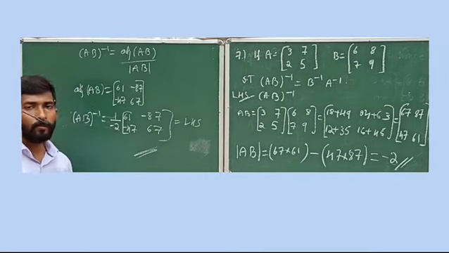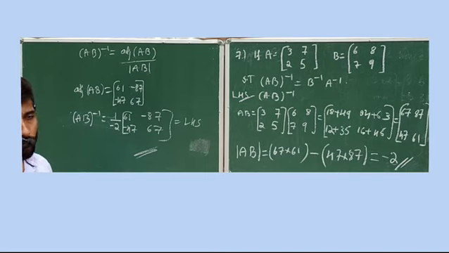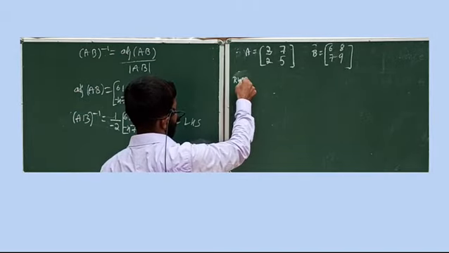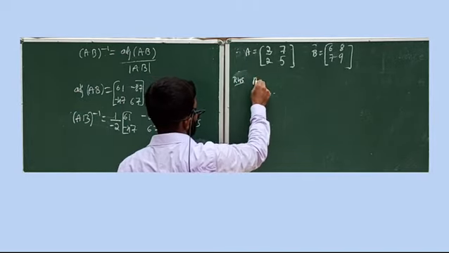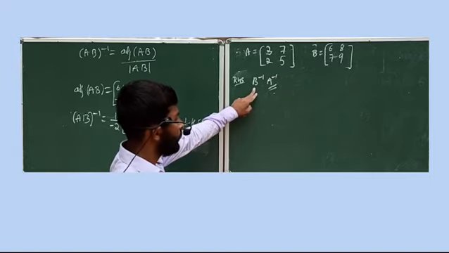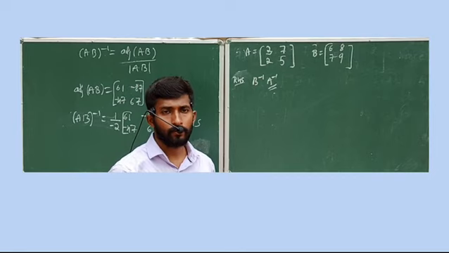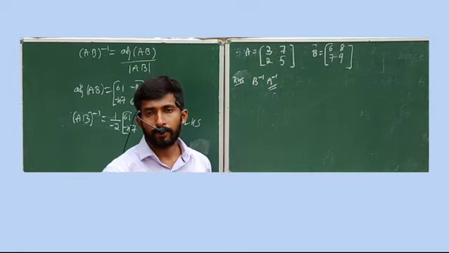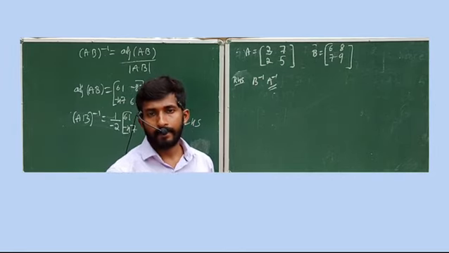Next, you need to calculate RHS value. This is B inverse into A inverse. That means you need to calculate B inverse as well as A inverse. What is B inverse? Adj B by determinant B. What is A inverse?